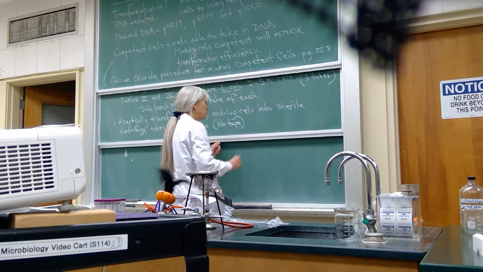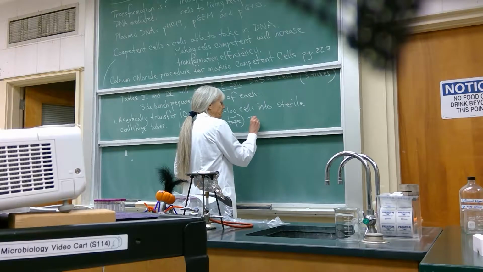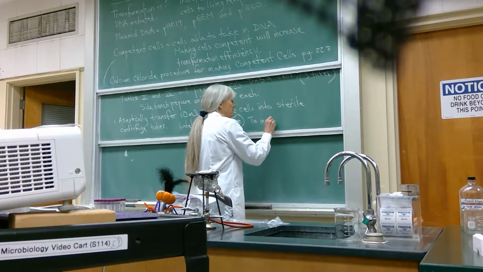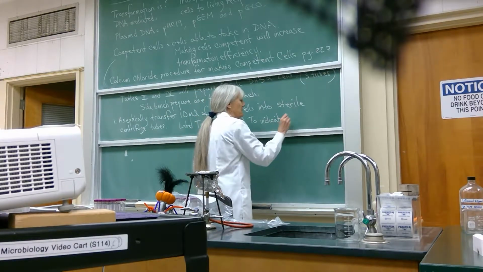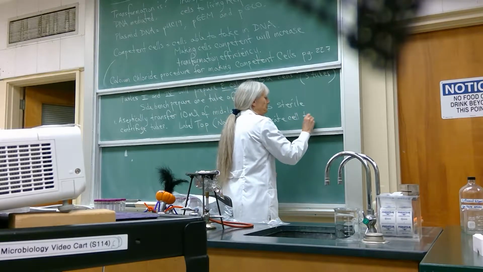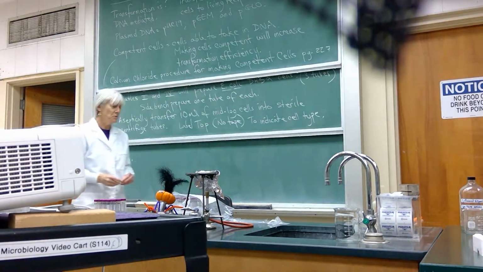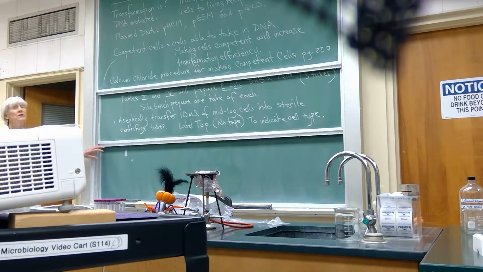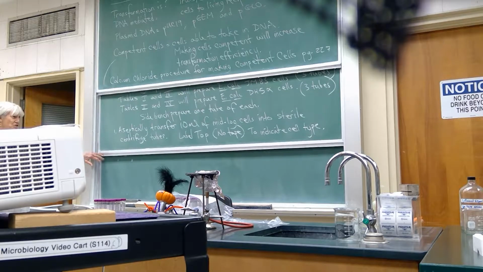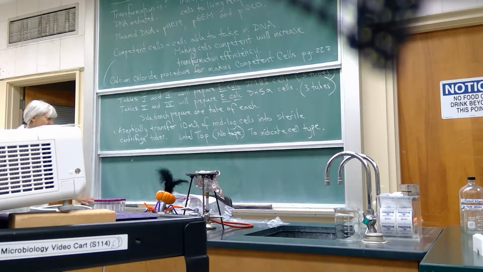Label the tops of the tubes. It's most important that you indicate cell type. If you want to keep track of the tubes that your table prepared, that's why you want to put the table numbers on there. But make sure you put the cell type identification on there.